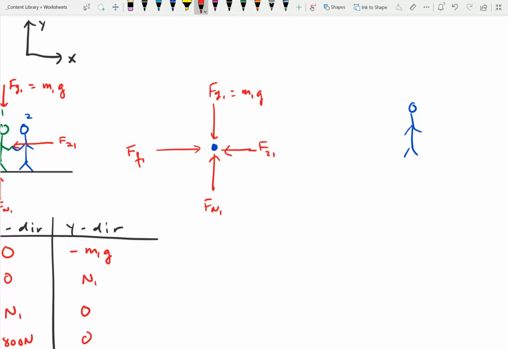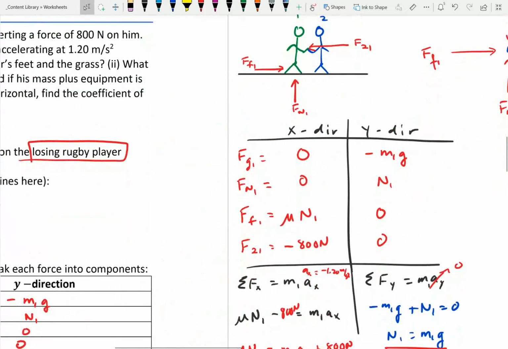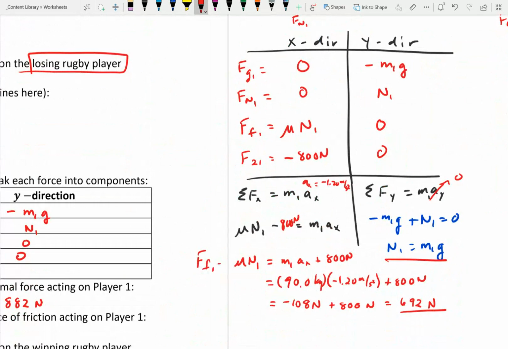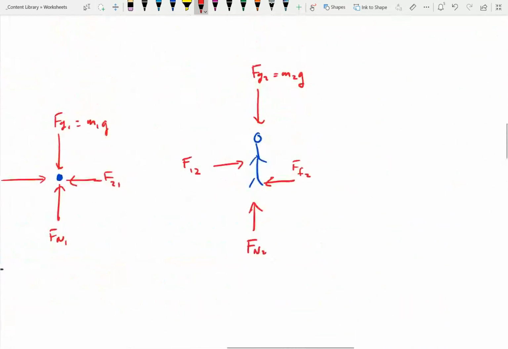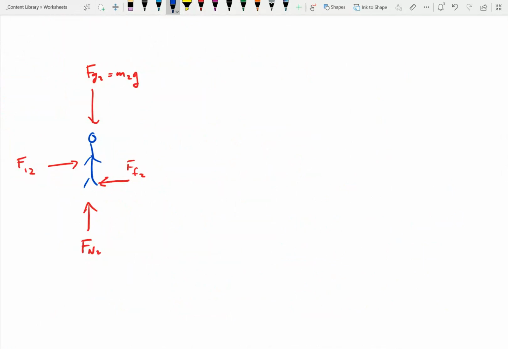The forces acting on player 2 are going to be force of 1 on 2, force gravity 2 equals m2g, force normal 2, and force friction 2. If I want to put those as a technical free body diagram, and like I said, don't need to do this, what I have written is already sufficient. I'll do this and make it so it comes to it.